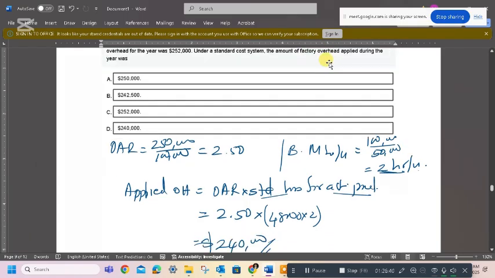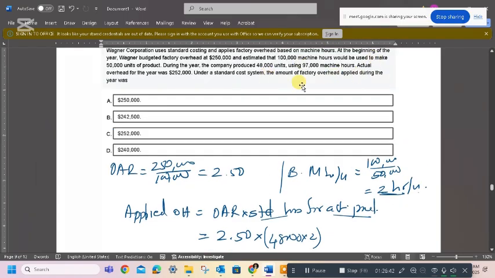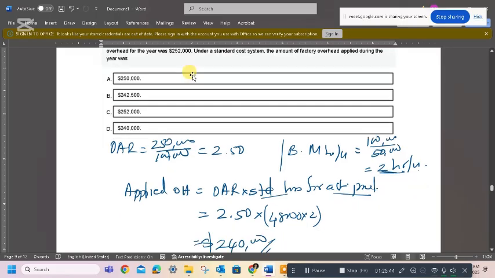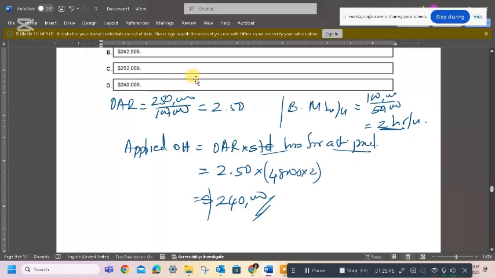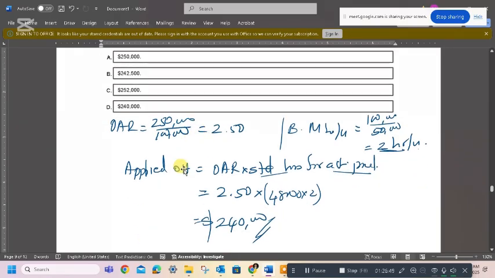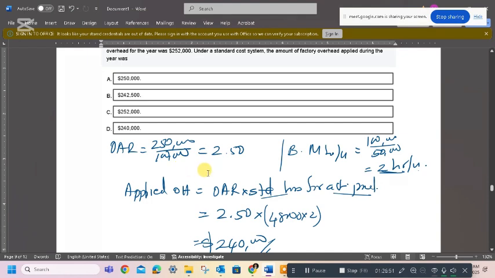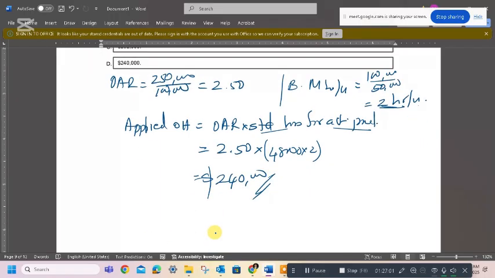Don't take actual hours. And they have given actual overhead of 252,000. So in case you want to find underapplied or overapplied overhead, what do you think in this case? Underapplied or overapplied? 252 is actual. Yes, tell me. Underapplied.